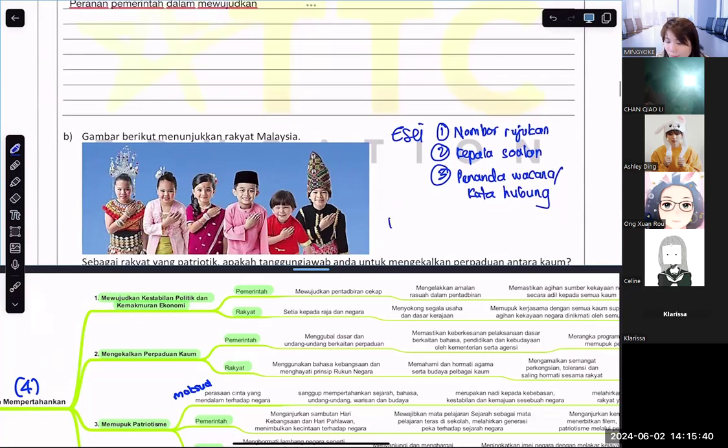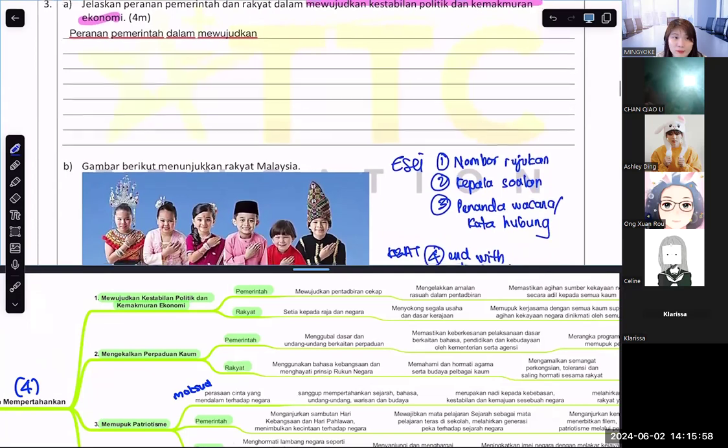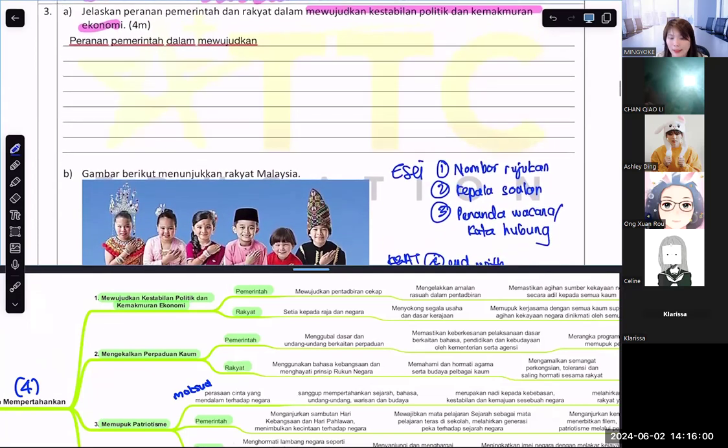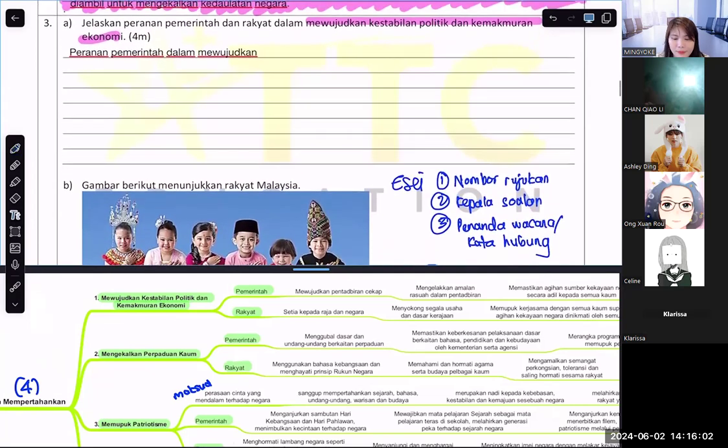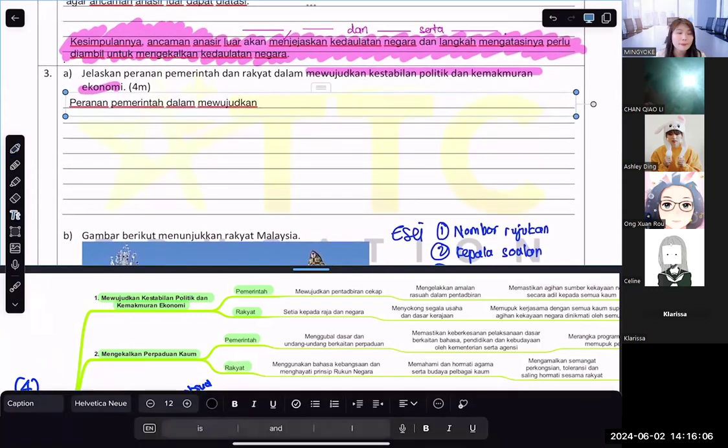If it's karangan, you have to end, number 4, end with kesimpulannya. If you say that, teacher, if I forget to put the kesimpulan, will it minus marks in SPM? No. But if you put it in, you may get bonus marks. They may. It's not 100%.